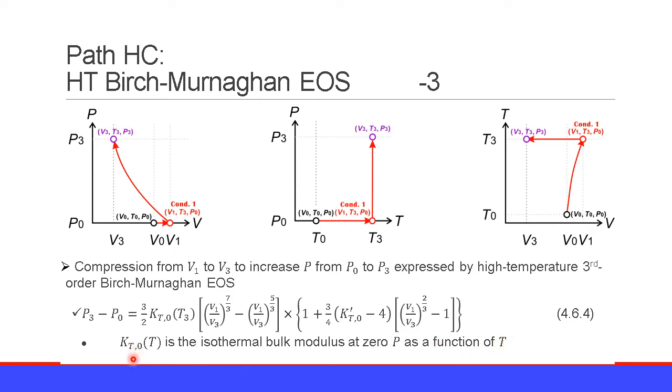So again, the KT0 is the isothermal bulk modulus at zero pressure as a function of temperature T.